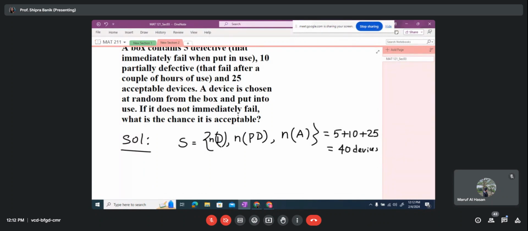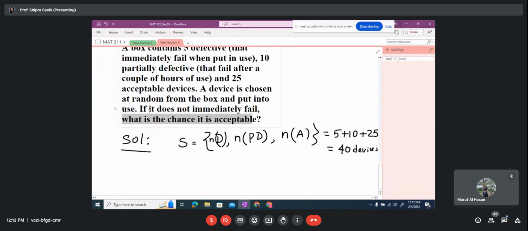Okay. Now, question. A device is chosen at random from the box and put into use. If it does not immediately fail, what is the chance it is acceptable?